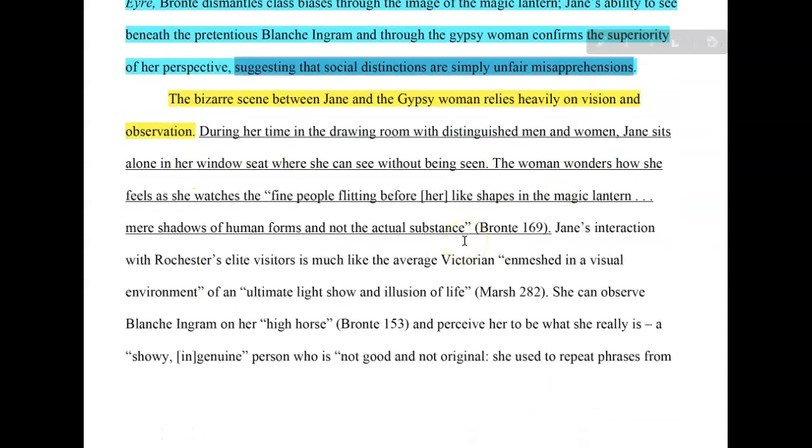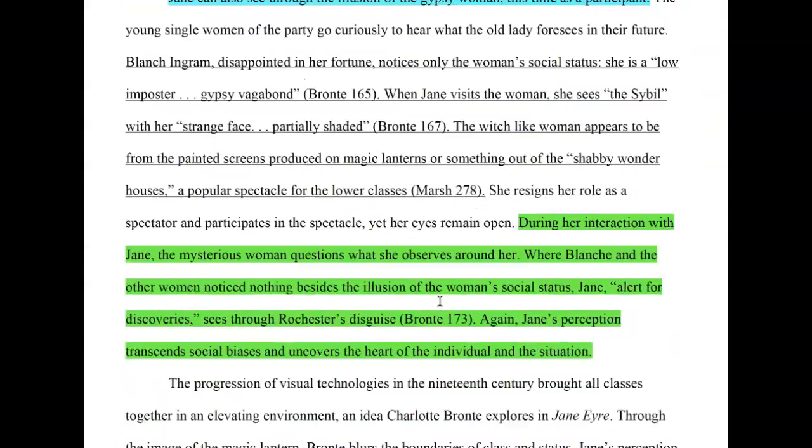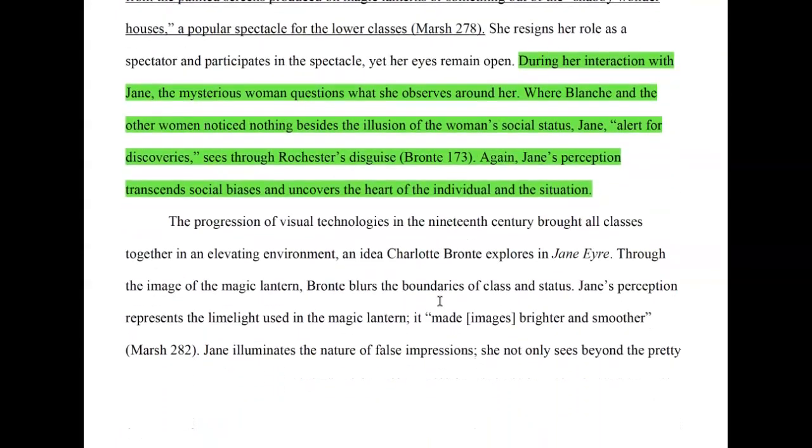And each of my body paragraphs is going to connect analytically back to that so what. So this is an example of what I'm looking for in regards to developing those body paragraphs. So let me know if you have any questions.